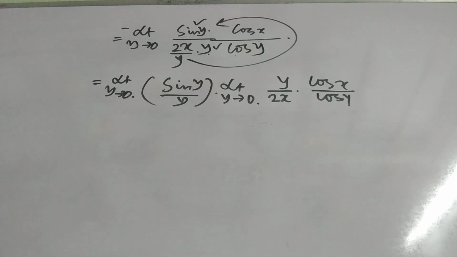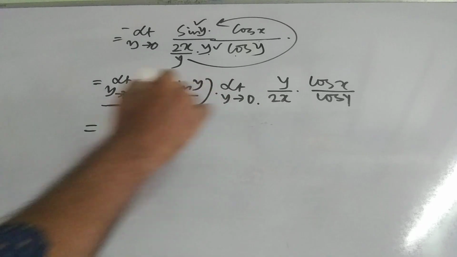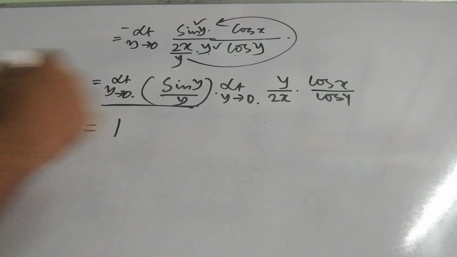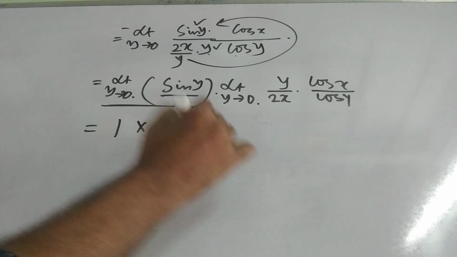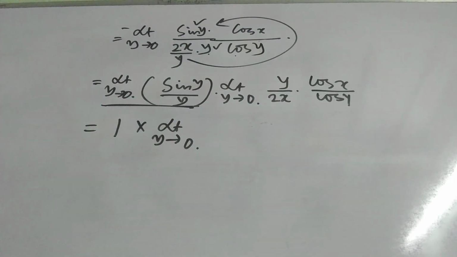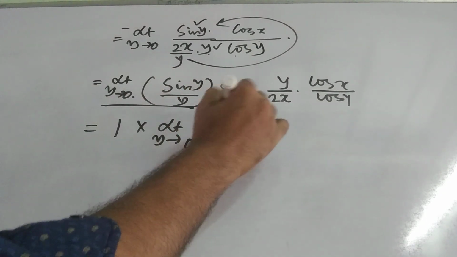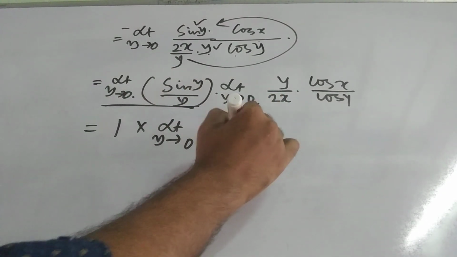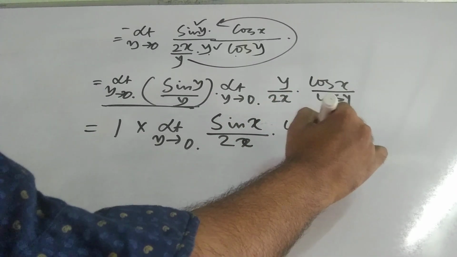Right? So what is that now? Limit y tends to 0 sin y by y is 1. Next is limit y tends to 0 y by 2x, right? y is sin x as per my substitution. So sin x by 2x into cos x by cos y.